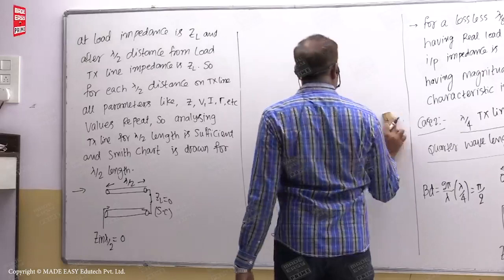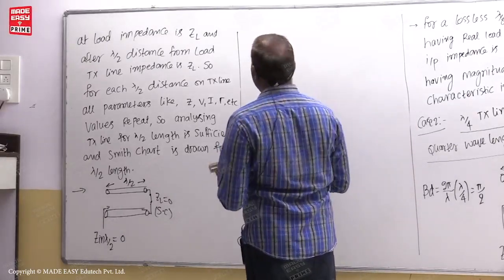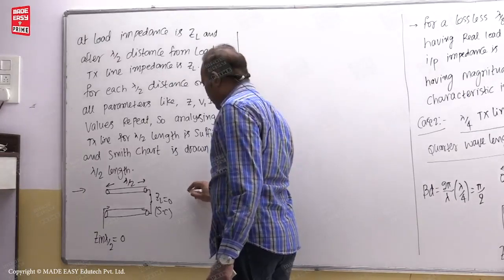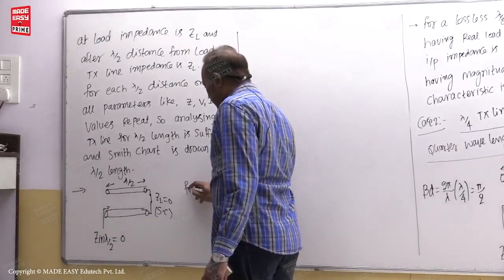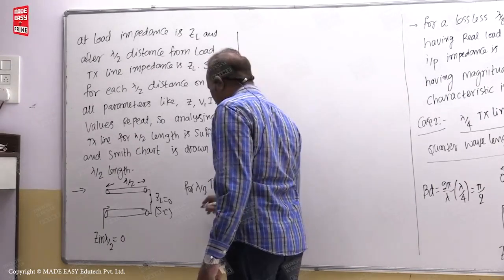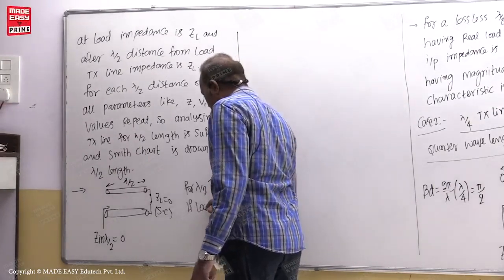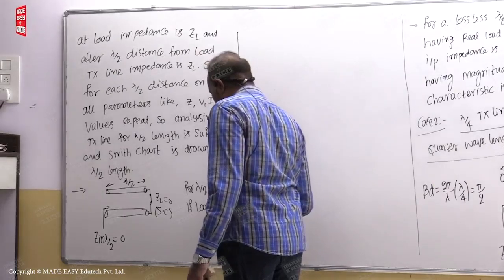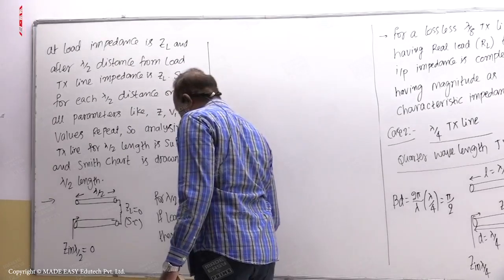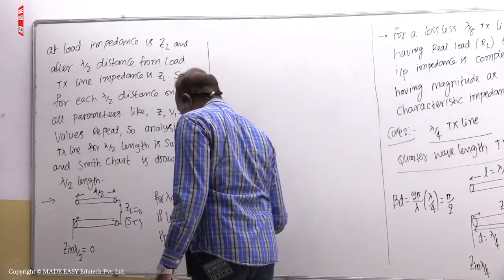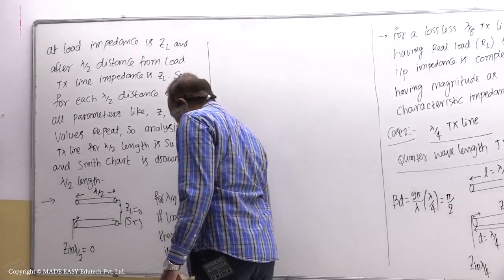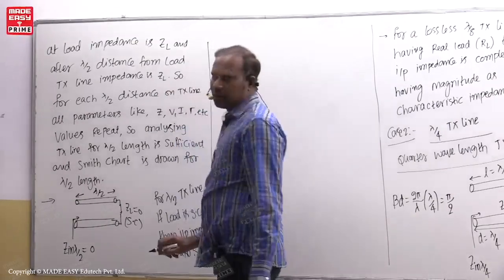I will tell you an example. For a lambda by 2 transmission line, if the load is short circuit, then the input impedance is also short circuit.